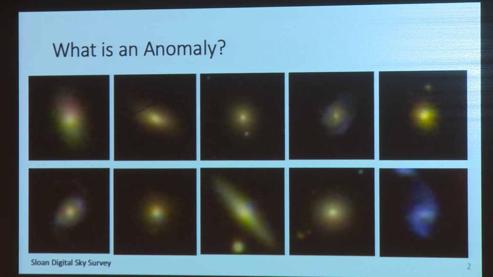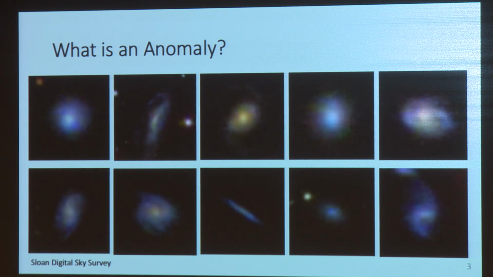So that means that if I pick a different collection of 10 where I've retained the one in the bottom right, your answer to my question might change now. Anyone have a favorite anomaly here? Top middle, okay. Any others? Bottom right. Still bottom right, okay.